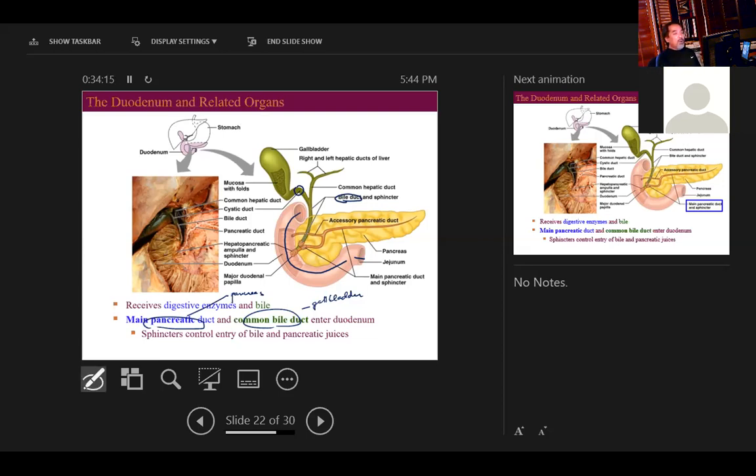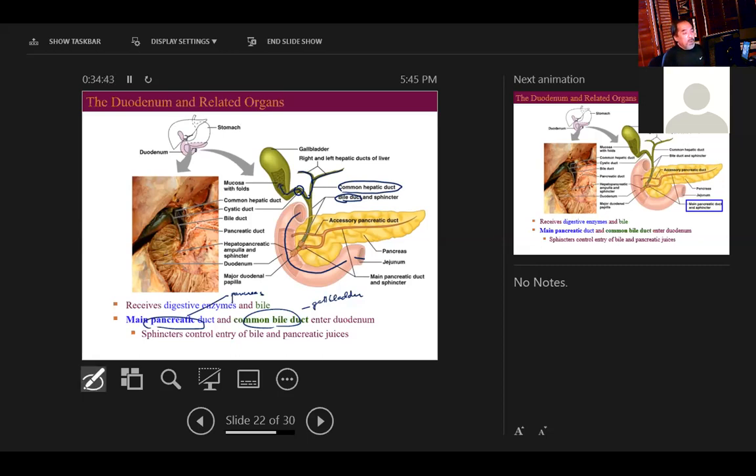the liver. So the liver produces the bile, so it will travel through what we call the right and left hepatic ducts. It becomes right and left hepatic duct, they become one, and that's going to be called your common hepatic duct. And then from there, most of your bile is stored at the gallbladder.